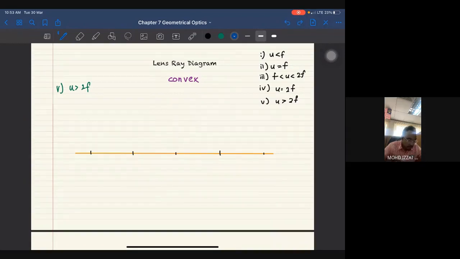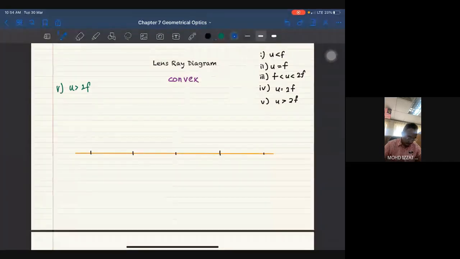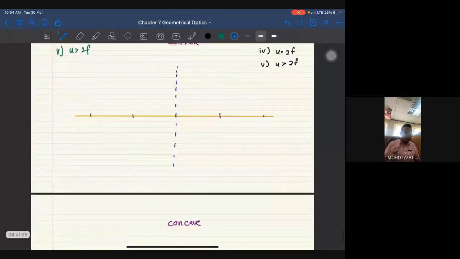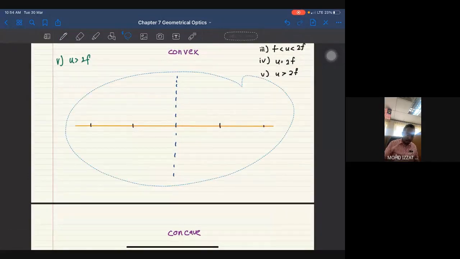Okay, lukis kat sengat tu kat tengah-tengah atas bawah lah. Okay, perpanjang sikit. Kita lebih sikit tak apa. Okay, make sure the 90 degrees to the principal axis tadi.